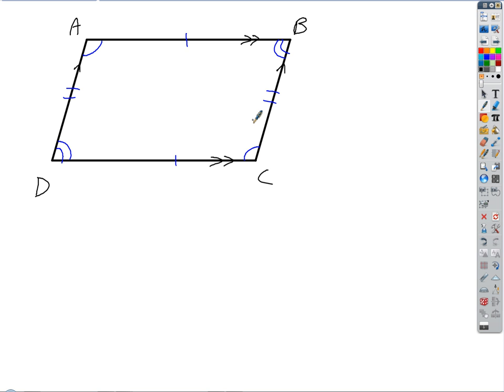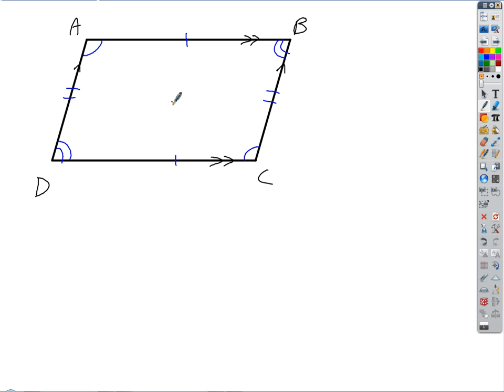But it actually doesn't have line symmetry, does it? Line symmetry would mean, could I fold it over a line and have it line up perfectly? And it doesn't. So this is a quadrilateral that does not have line symmetry. Does it have rotational symmetry? Yes, it does. I could put a tack in the exact middle and spin it 180 degrees and it would line up.